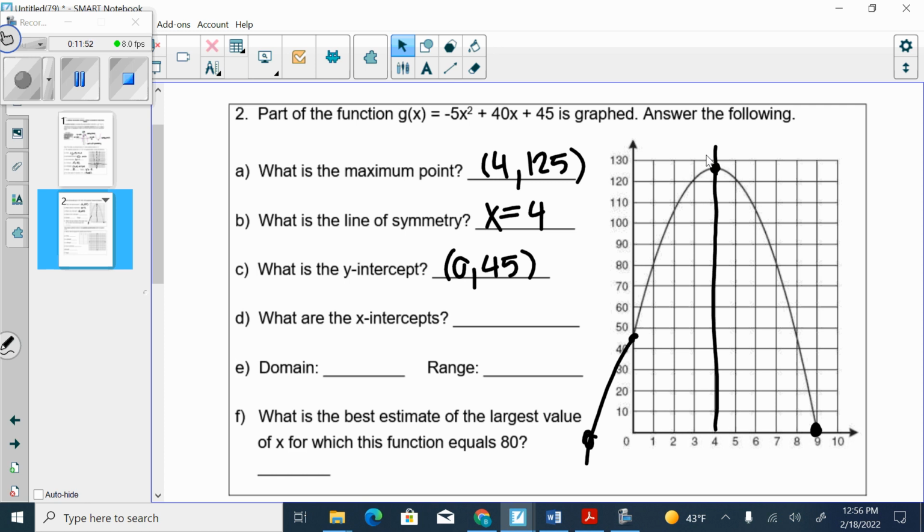Okay, how many places do I have to move this direction to get from the middle at 4 over here to 9? 5 places. Okay, so I had to move 5 places to the right to get here. That should mean the other one is 5 places that direction, right? Well, if I'm at 4 and I move 5 places to the left, where am I going to end up at? Very good. So there must be x-intercepts at (-1, 0) and at (9, 0).